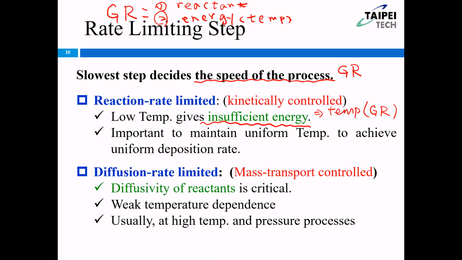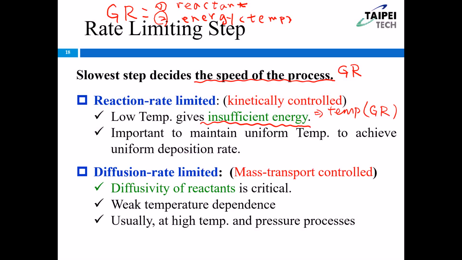So today, the temperature will dominate the growth rate. The temperature is very, very important. So that's the reason we call it reaction rate limiting. We also can say it's kinetically controlled, because we don't have enough temperature.